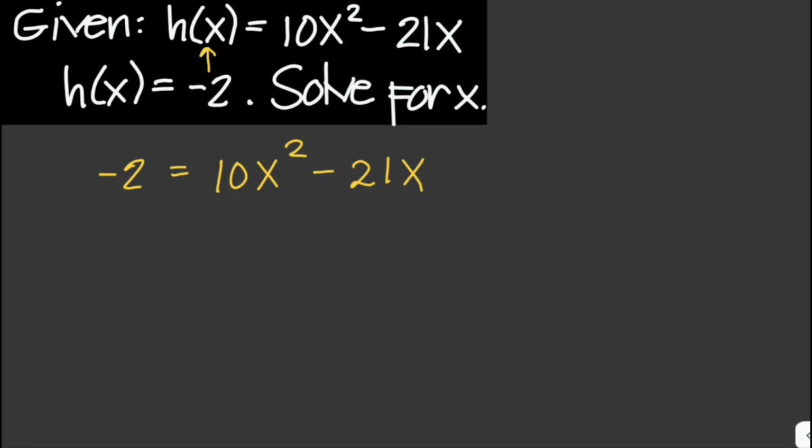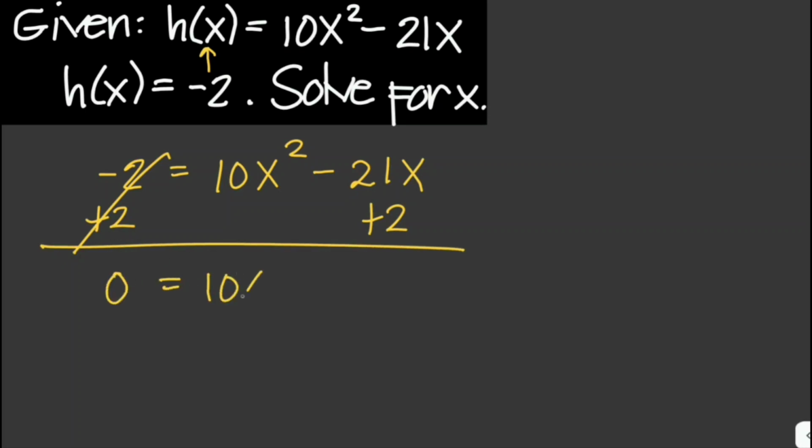Now to solve for the value of x here, we just have to write all of the terms to either the right side or the left side. So we add 2 to both sides. So this would be equal to 0 equals 10x squared minus 21x plus 2.